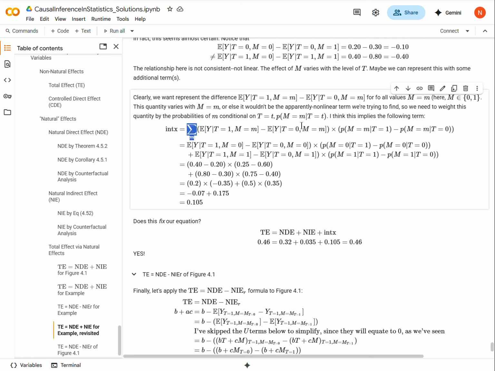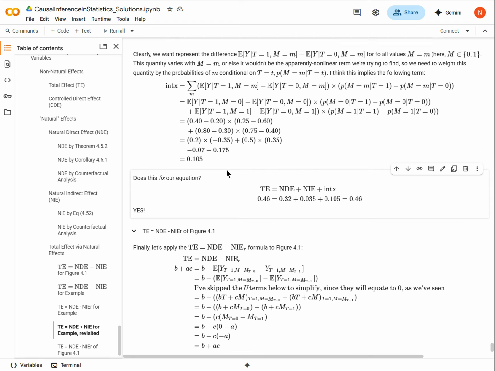We marginalize over all values of m, whatever value it takes on when t is in its two conditions. And so this represents our interaction term, and if we push through all of that, we get exactly the term that needs to be there to make TE equal TE.